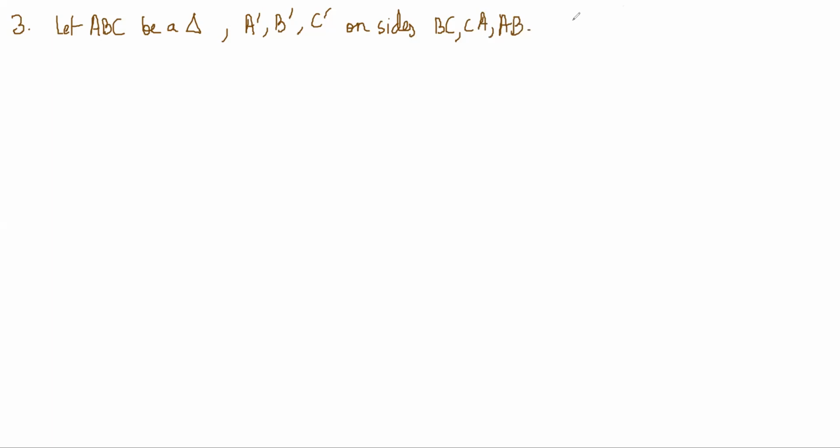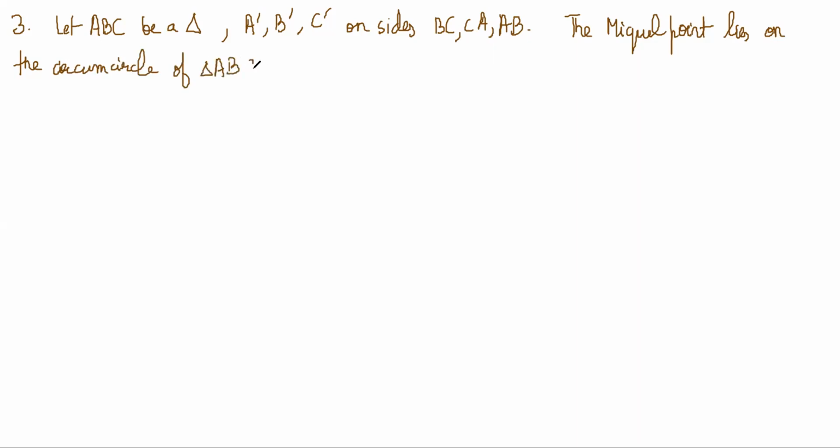This theorem says that the Miquel point lies on the circumcircle of triangle ABC if and only if the points A', B', C' are collinear.